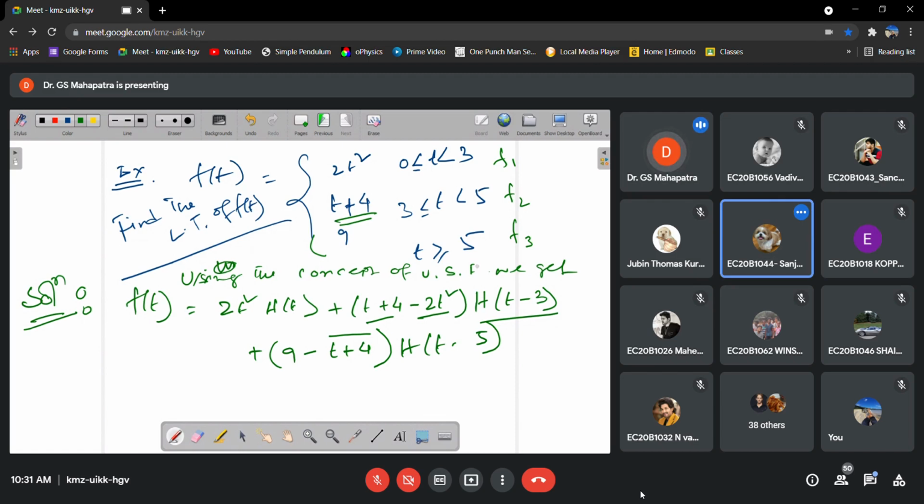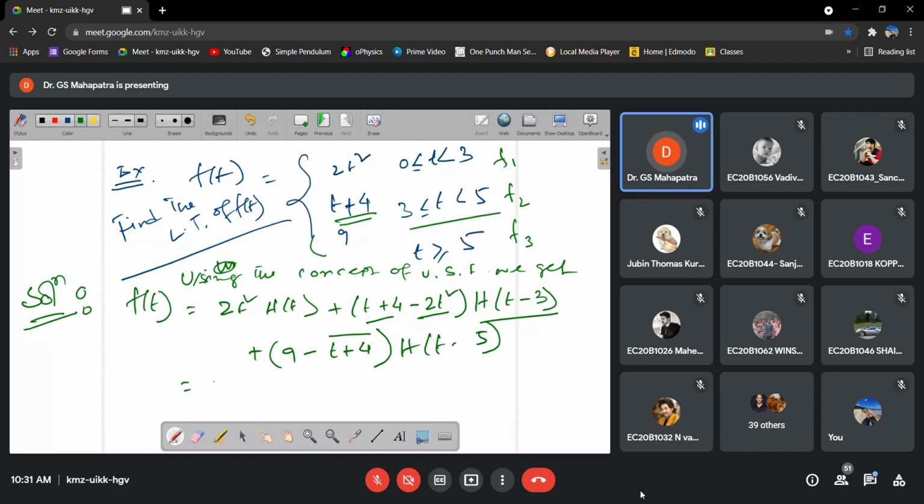Understood? Only from 3 to 5 this one is there, but not from 0 to 5. If it is 0 to 5, then easily you can write that one, no problem. But it is not like that.